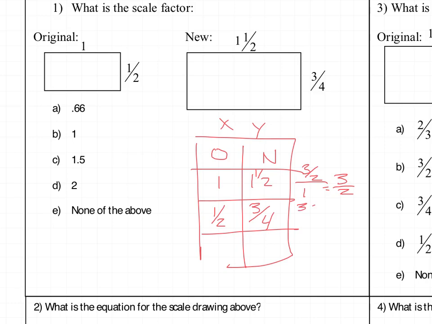So that's going to be 3/4 divided by 1/2, which is the same thing as 3/4 times 2 over 1. Doing some cross canceling, we get 3 over 2. So 3 over 2 simplifies to 1.5, our scale factor.